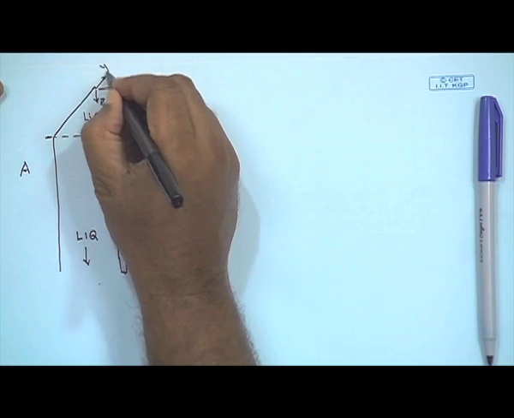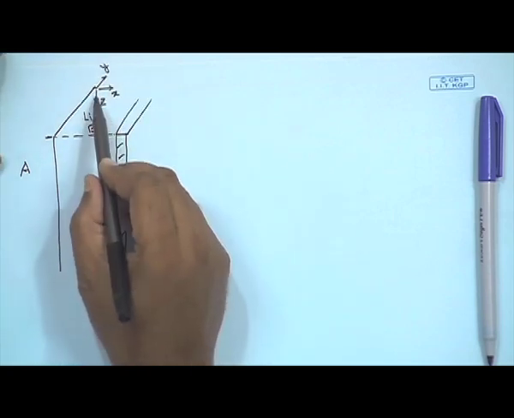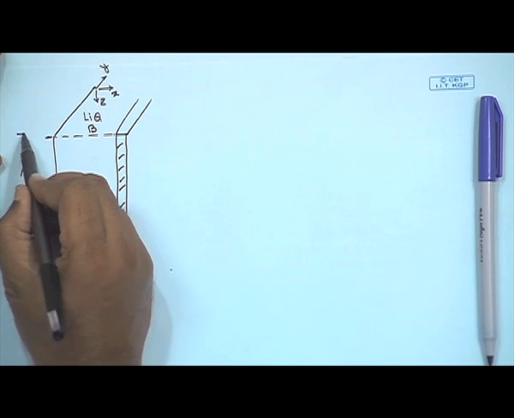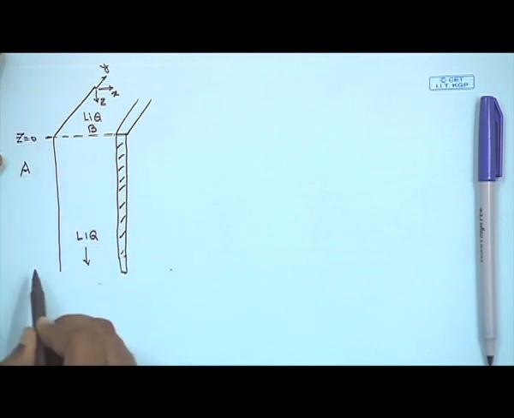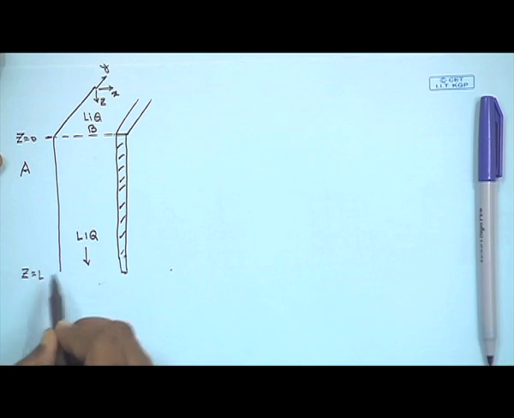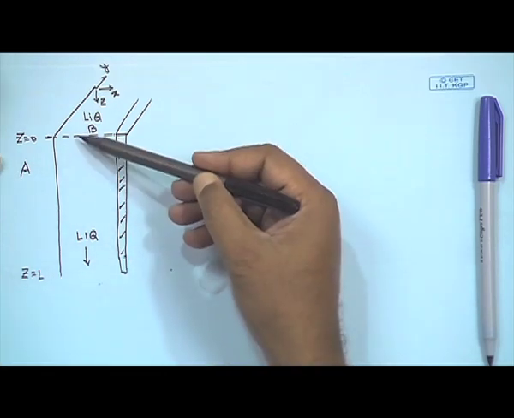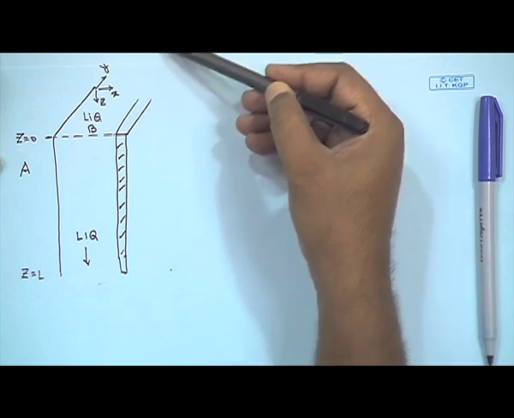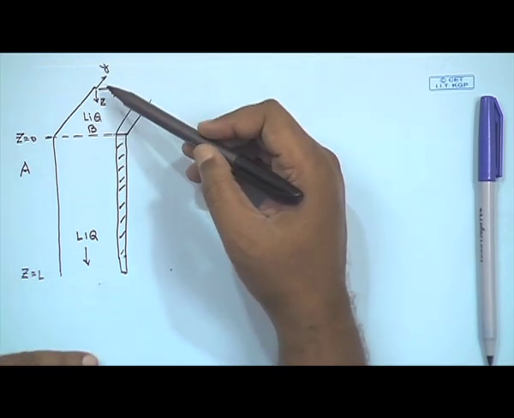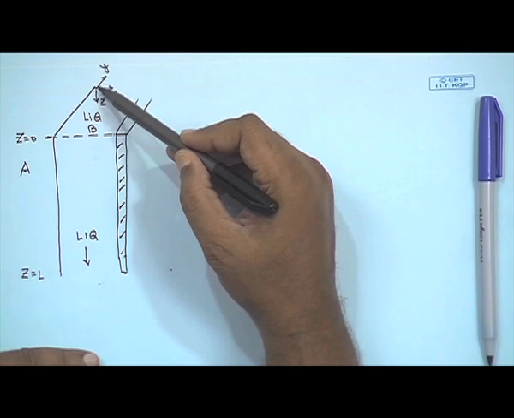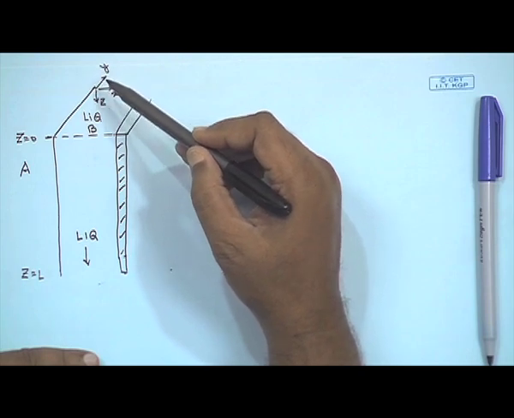this being the Y direction, then this is Z equals 0 and we have Z equals L. And we will assume that the film is wide enough such that none of the parameters are going to be a function of y.